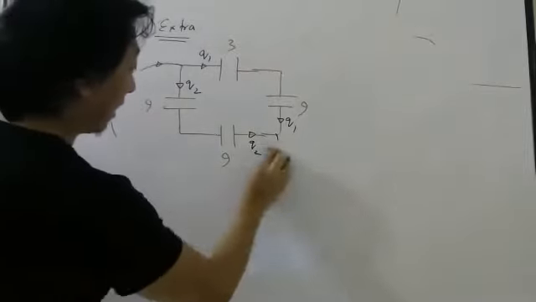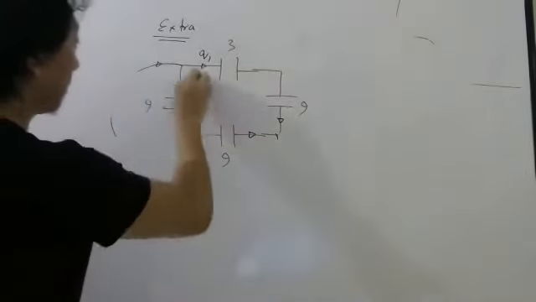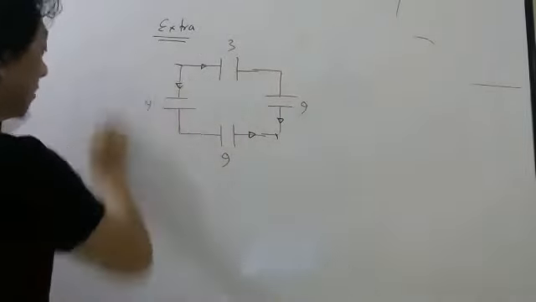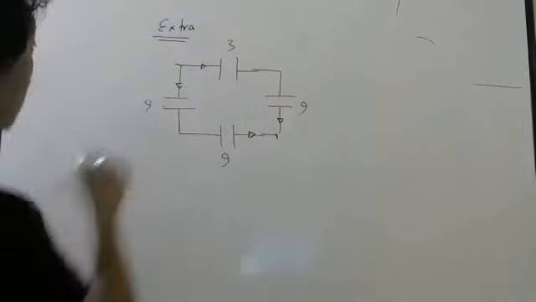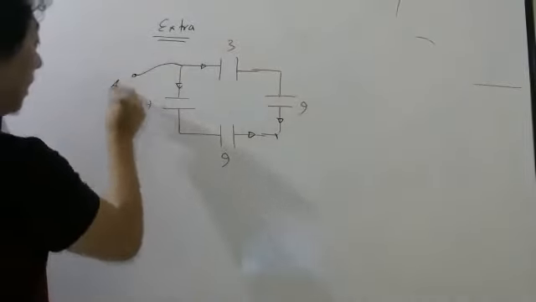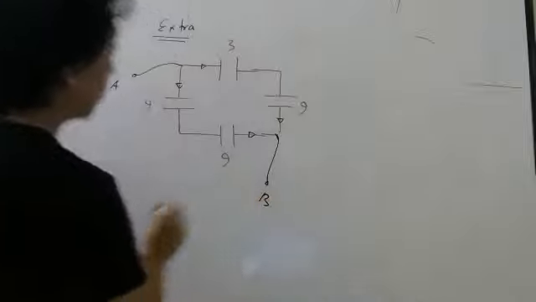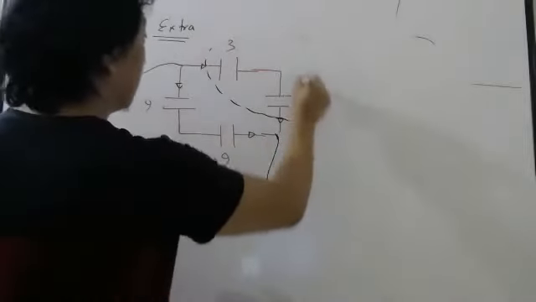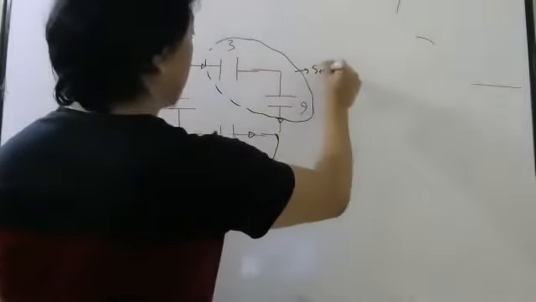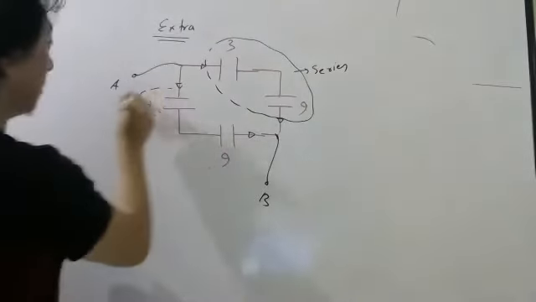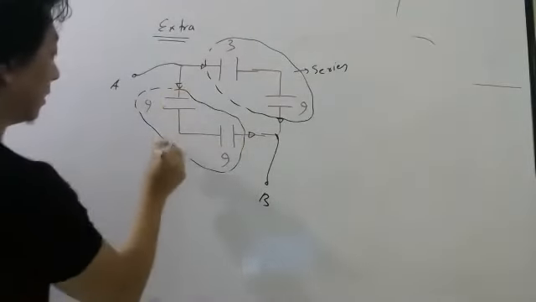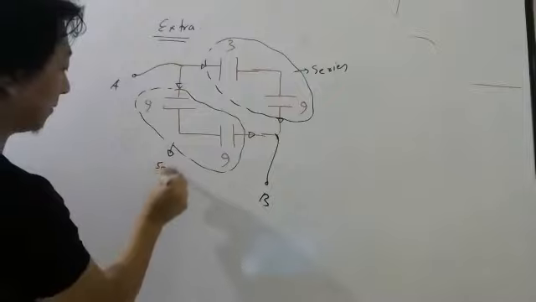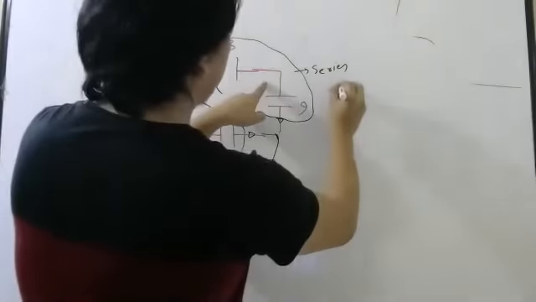Understood? So once you know how charges are flowing, you will get idea. Forget the charges now. So between this terminal A and this terminal B, you know that these two are in series, and these two are also in series, separately. So what will be total here?